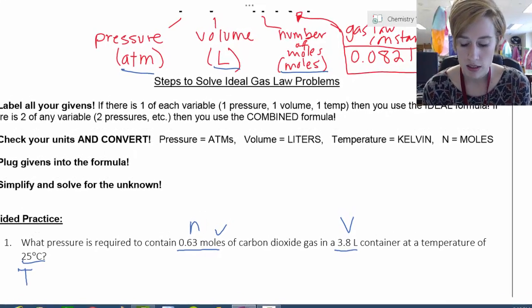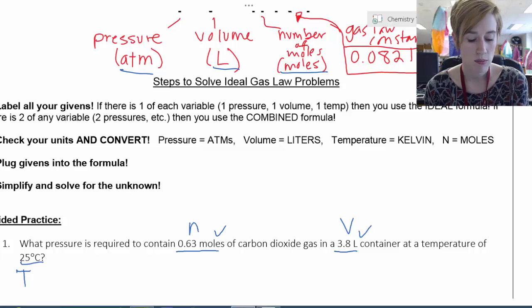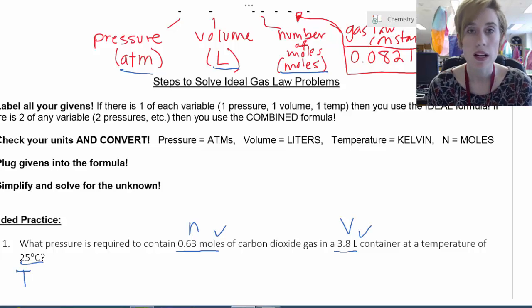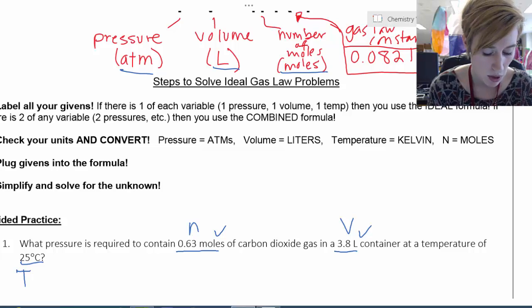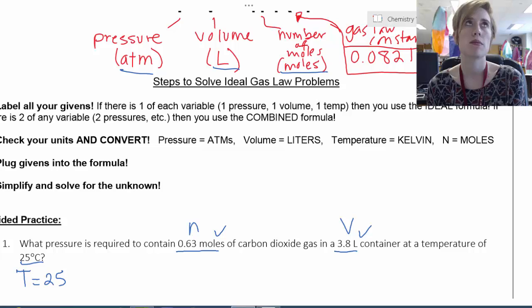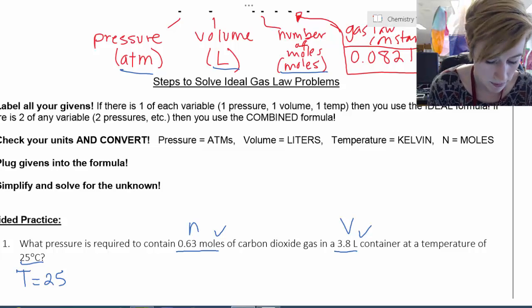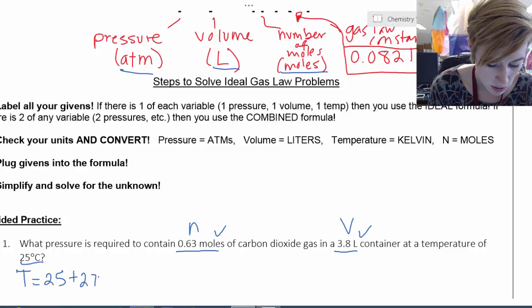Moles is the right unit. Liters is the right unit for volume. But Celsius is not the right unit for temperature. So I'm going to stop right now. I'm going to put T equals, does not equal 25. How do I get from degrees Celsius to Kelvin? If you forgot, you need to rewatch 11.1. But we add 273.